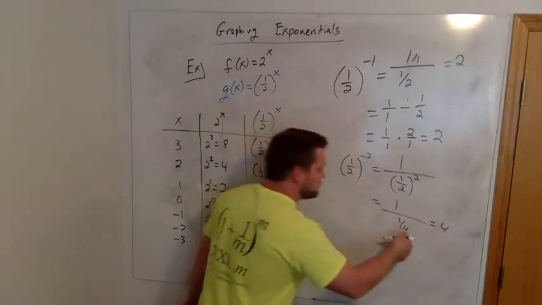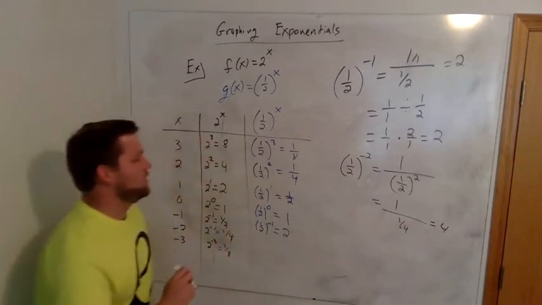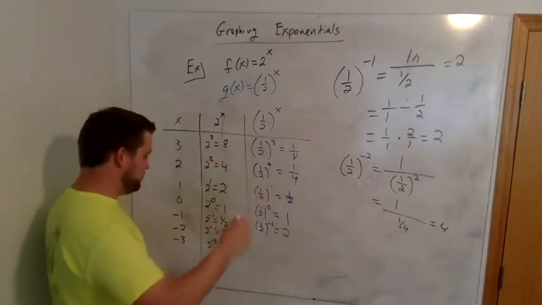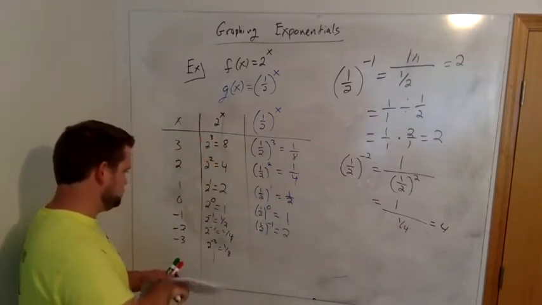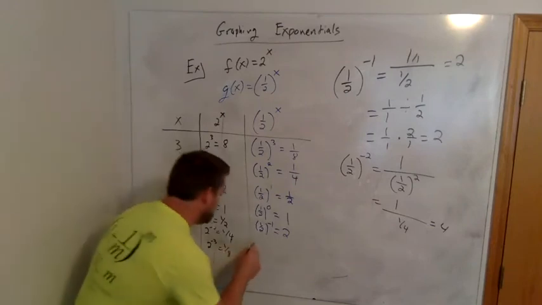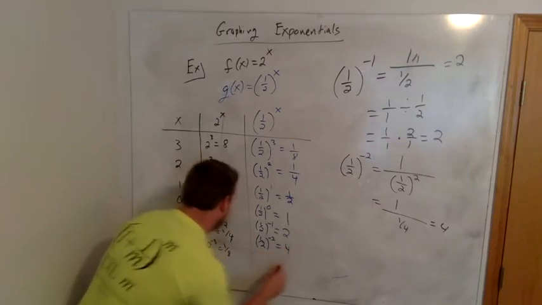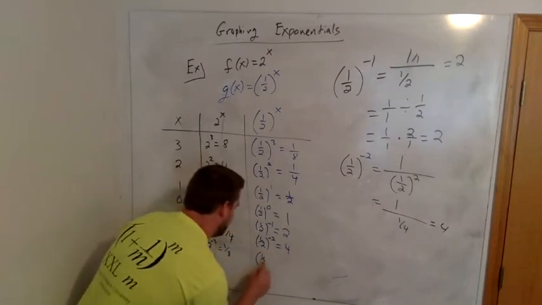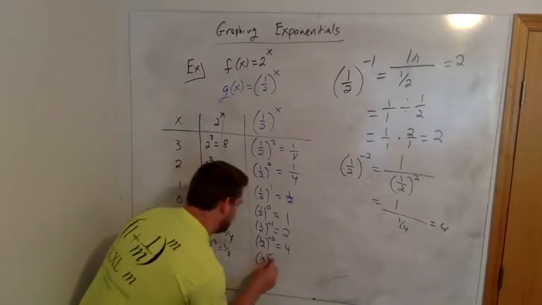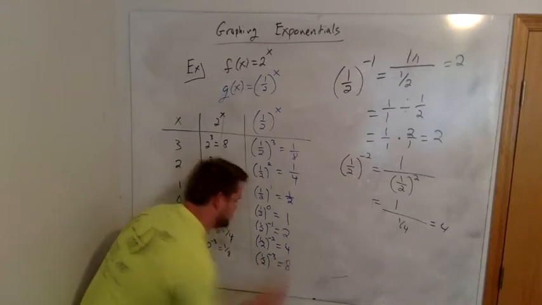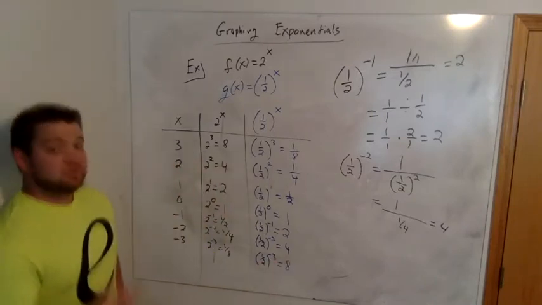Or you could think about reflecting the 1/4 and multiplying it into the 1. So 1/2 to the -2 is 4. And similarly, we have 1/2 to the -3, I hope you will believe, is 8. Okay, we have these points here.